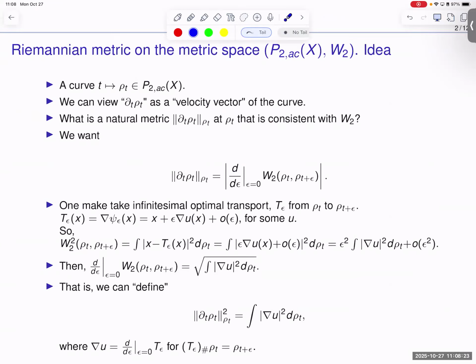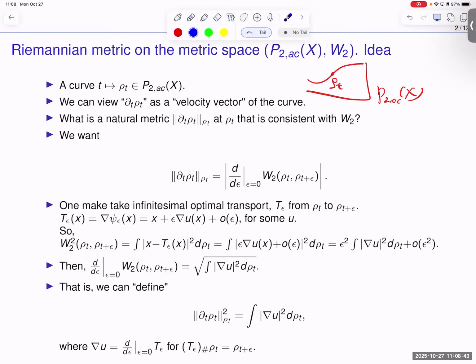So let's just consider a curve. For the moment, do not worry about any kind of smoothness or regularity of such a curve. So we have some nice curve in the Wasserstein space.